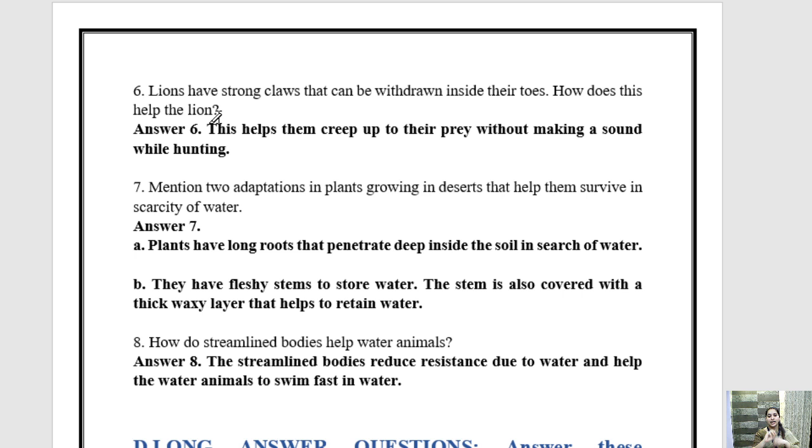And one more thing, their leaves are spines so that transpiration does not happen, so water loss is less and storage is more. These are the 2 adaptations that help them survive in scarcity of water. Got it? So basically here we are talking about cacti.